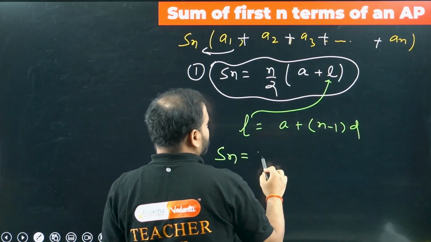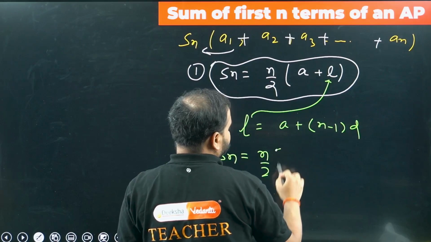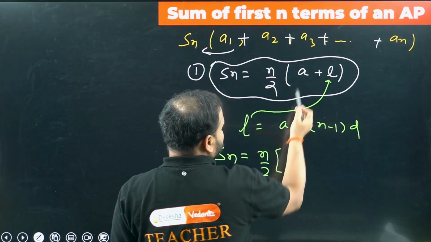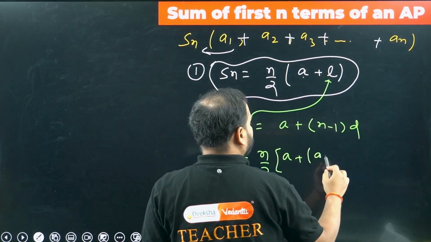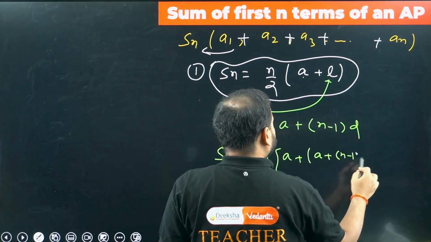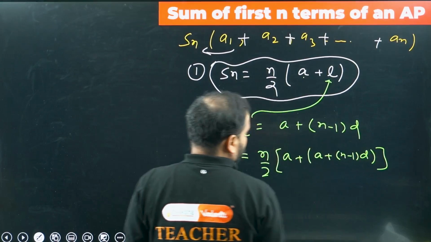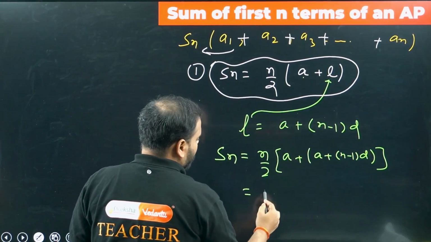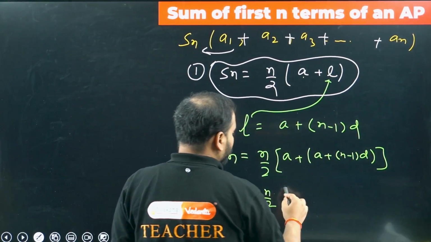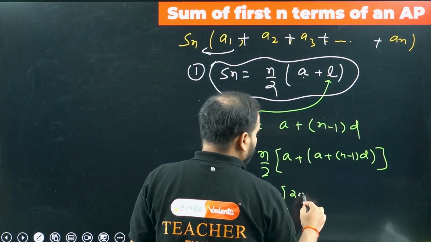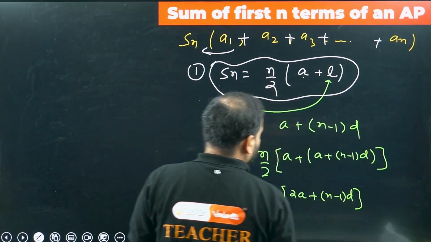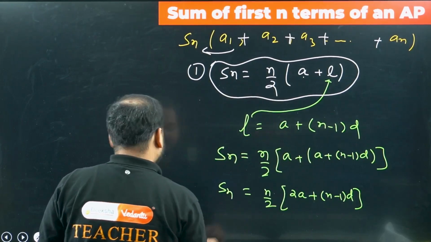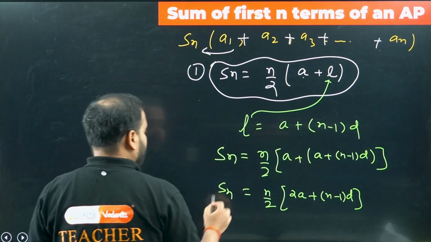Sn equals n by 2 times a, this a is already there, and for l I will write another a plus n minus 1 times d. Let's simplify this. What am I ending up with? n by 2 times a plus a, which is 2a plus n minus 1 times d. This is Sn.